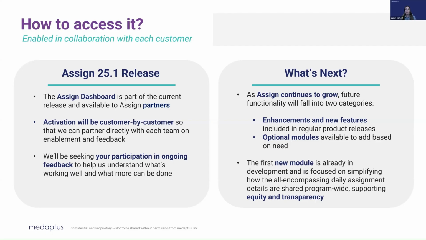Those insights can inform adjustments to scheduling practices and staffing models over time. The upcoming module, the daily assignment summary, builds on that by addressing what happens once assignments are finalized each day. So it's designed to streamline the steps that come after making the assignments, making it easier to distribute that information and share those completed assignments without the manual work that exists in most people's workflows today.